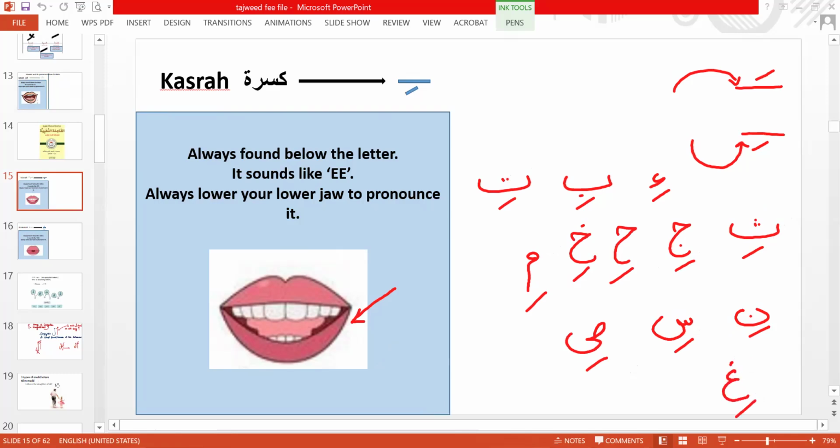If you are noticing carefully, you will definitely see that your lower jaw is pulled in the lower direction to pronounce the letter with kasra.